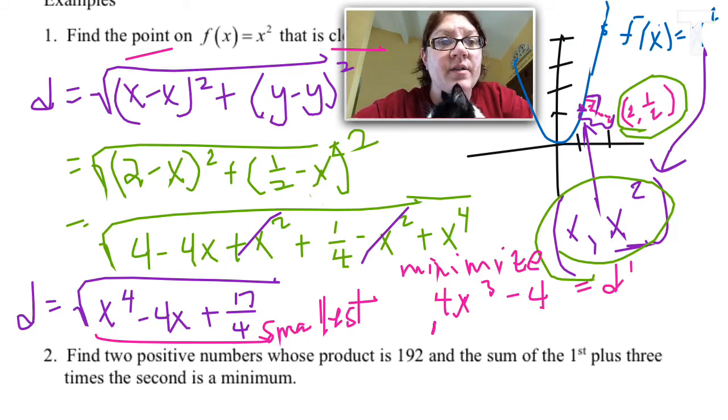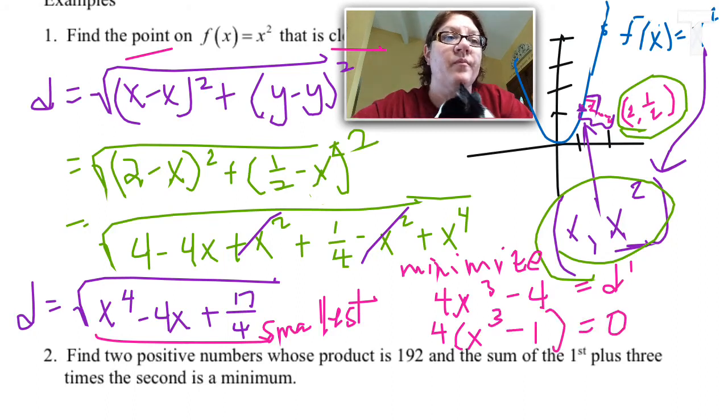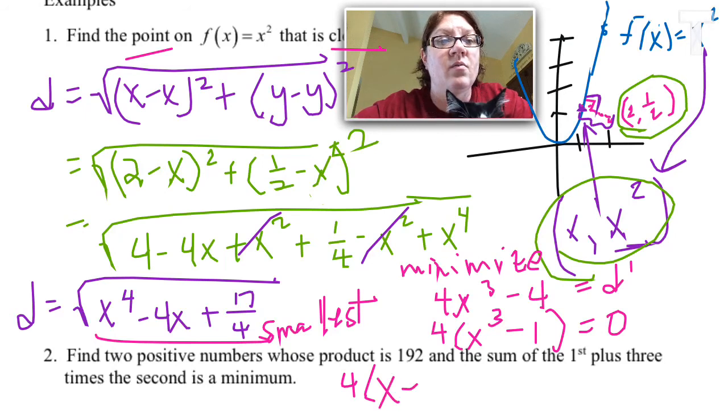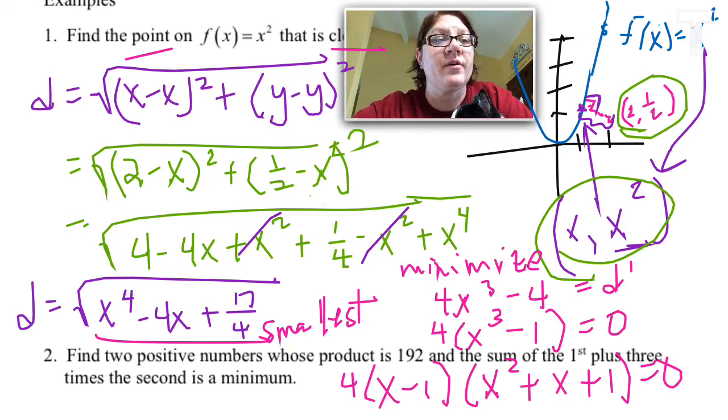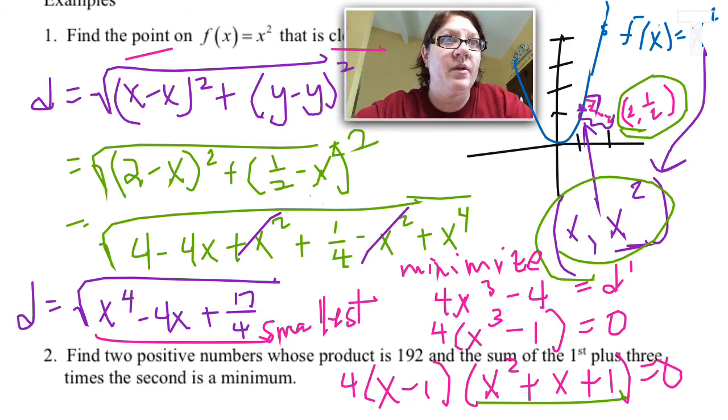And if I set it equal to 0, of course I can factor out a 4. And I go, oh my goodness, that's a difference of cubes. So that's going to factor to x minus 1. Remember, I'm using SOAP and then square product square. And of course, this second piece doesn't factor. I'll have to use quadratic formula on it, although I believe it's going to give me a negative under the square root.